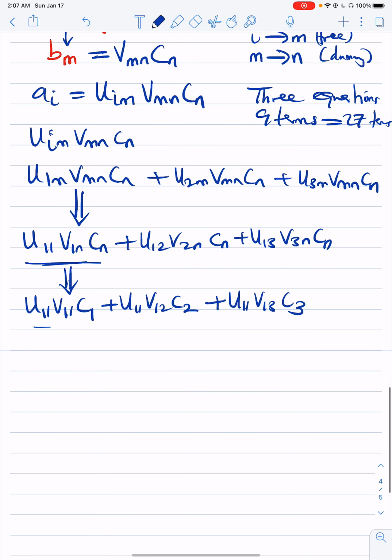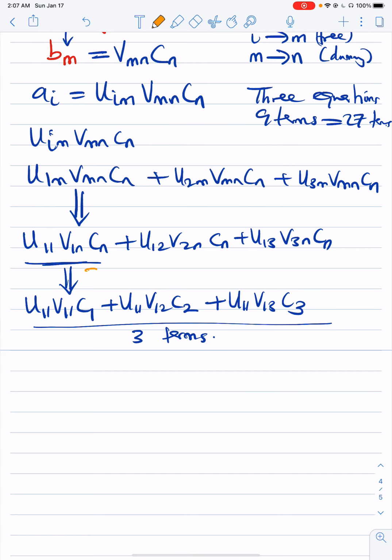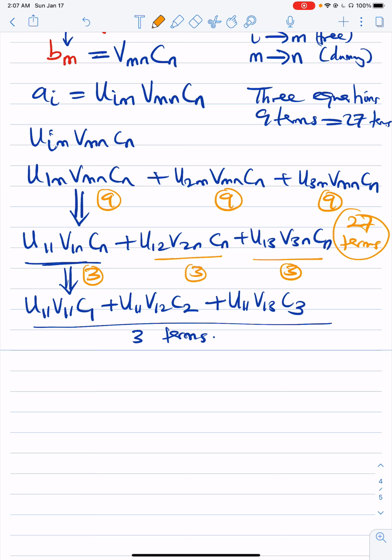So these are 3 terms. If you look at it closely, if you expand this, you get 3 terms, and if you expand this, you get 3 terms, which is 9 terms from just this. And if you do that similarly for the others, you get 9 terms and 9 terms to give you 27 terms. I hope that's explicit enough. Okay, thank you.